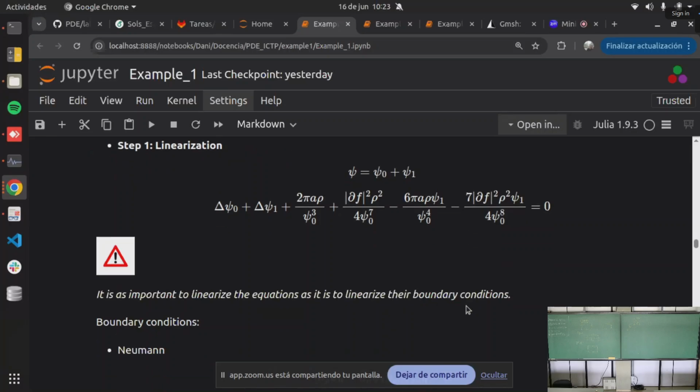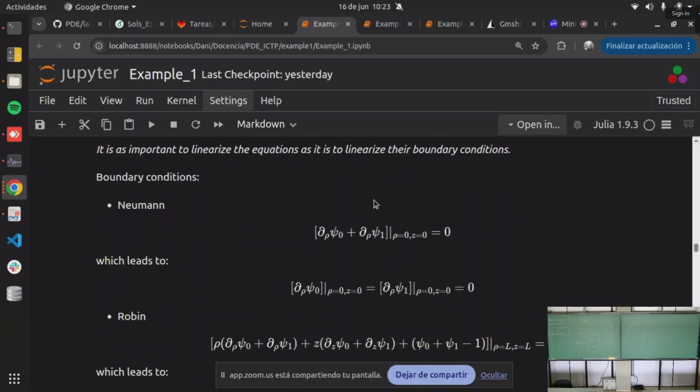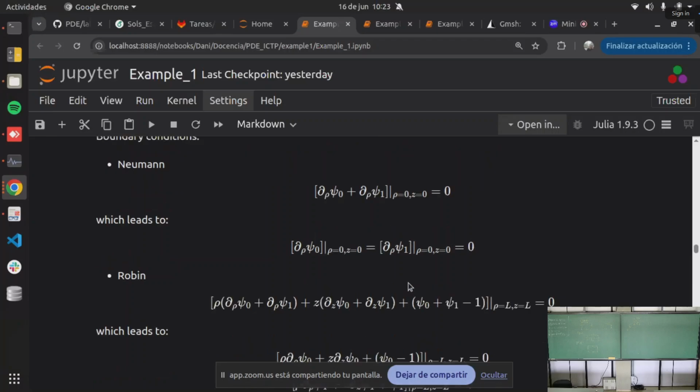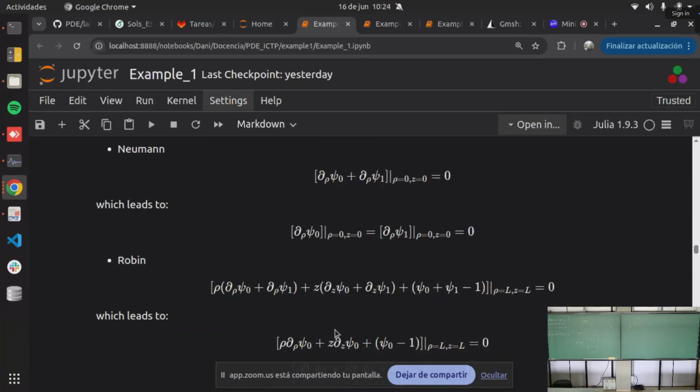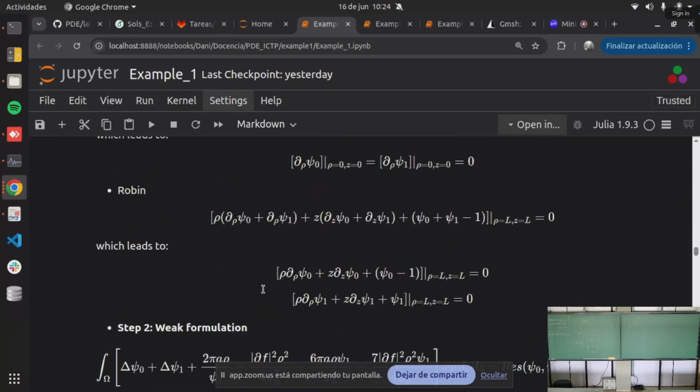And the important thing is to linearize not only the equation, we have to do it with the boundary conditions as well. So for the Neumann part, we have these two Neumann equations for C0 and the corrections. And after that, we linearize the Robin conditions. In this case, we have two Robin equations, but note that the main part is with the C0.